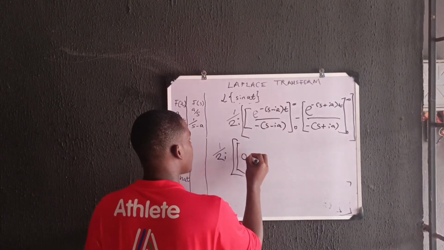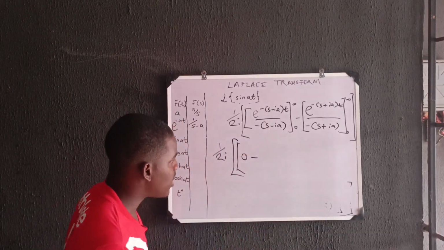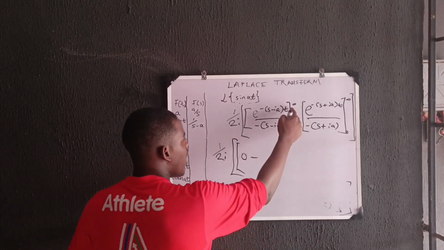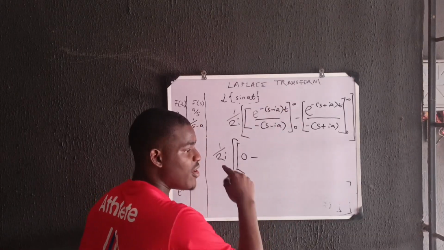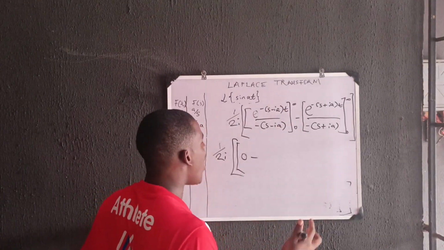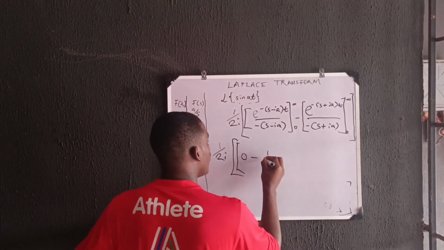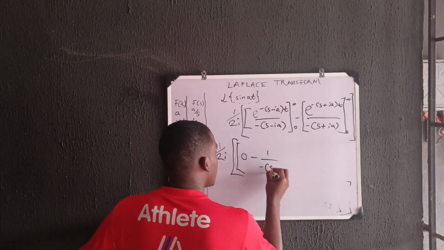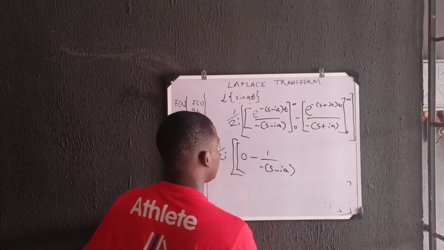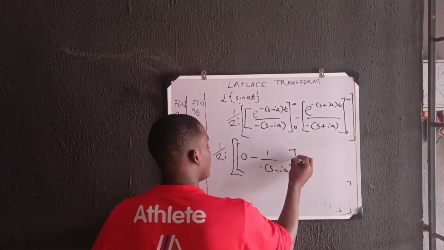So we have 0 minus, with t as 0 we have e to the power of 0, which is 1. So you're going to have 1 over minus s minus ia in the first bracket.